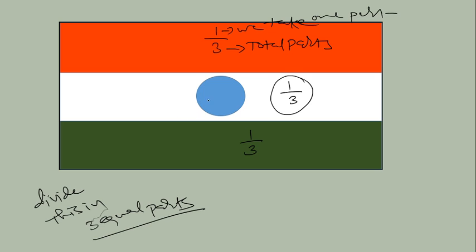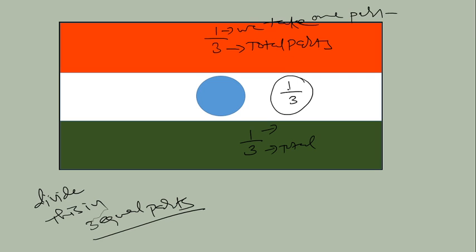That's why it is not exactly equal to one third part of the figure. And the green is also total parts 3; out of the total, we select only one part. That's why I write here 1 by 3. So I hope all of you understand why the white is not exactly one third.